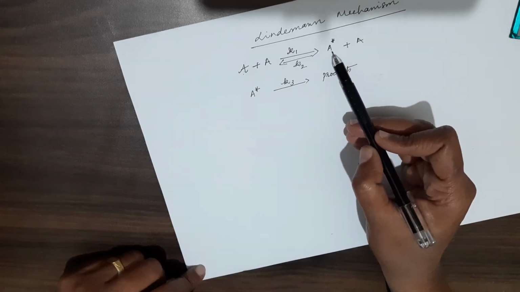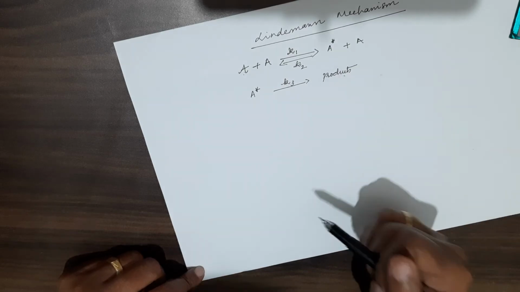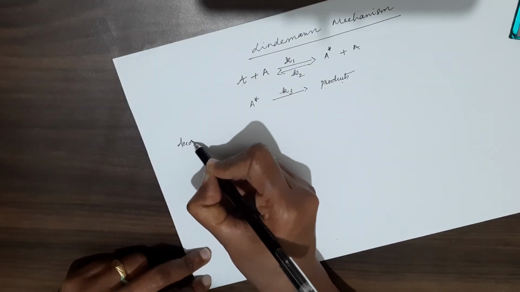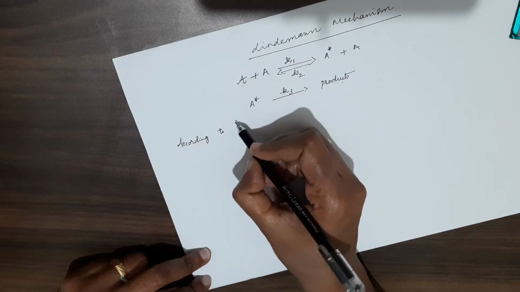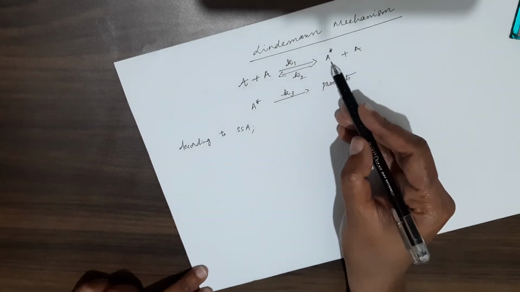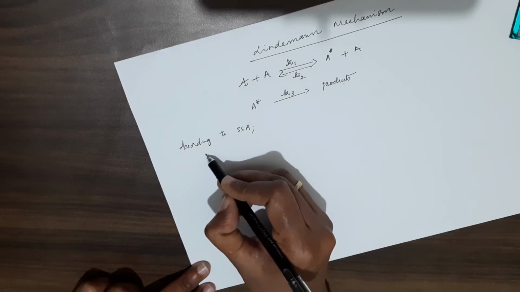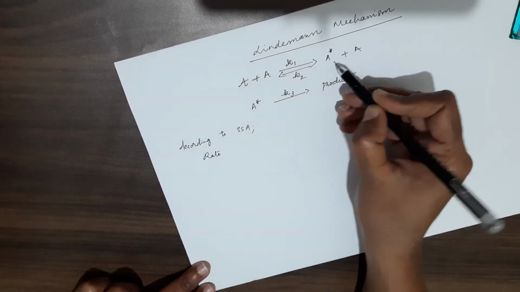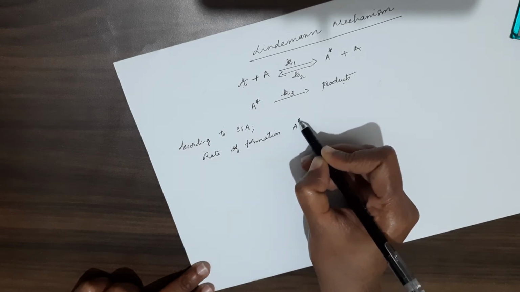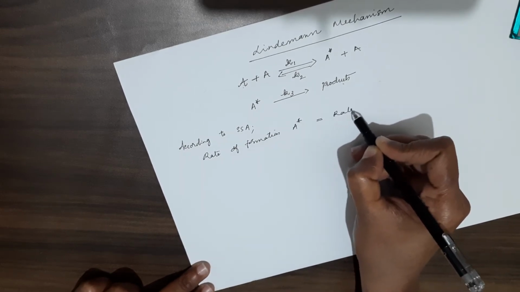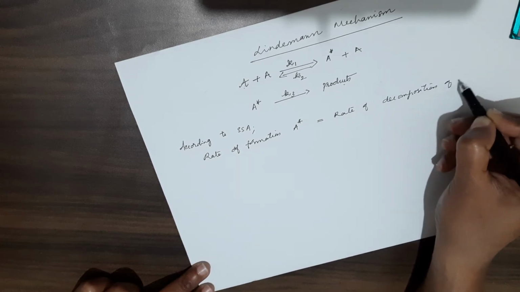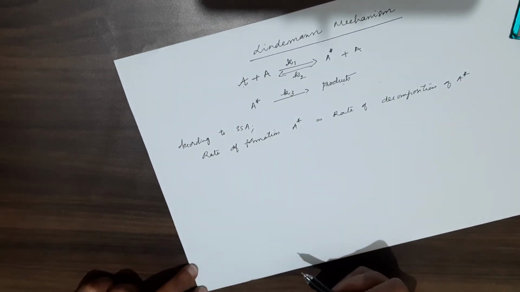According to the steady state approximation, the rate of formation of the intermediate, which is A star, is equal to the rate of decomposition of A star.